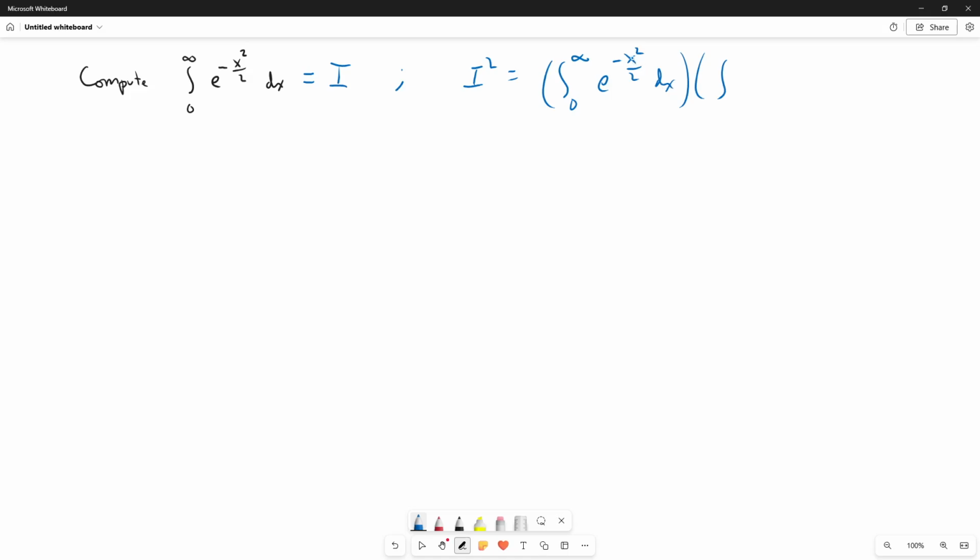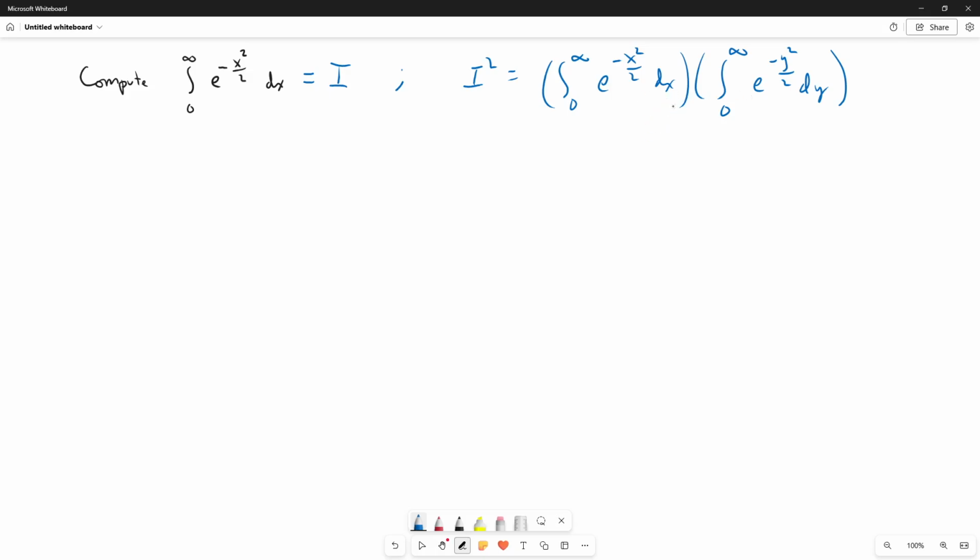I'm going to use y because the variable is a dummy variable. It doesn't matter what variable is used here. The value of the integral remains the same. So if I change that variable to a y, it doesn't change the value of the integral.